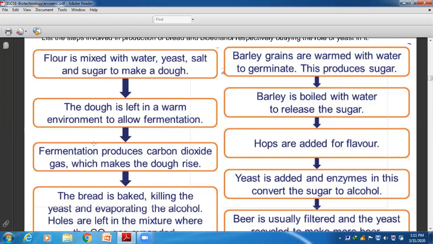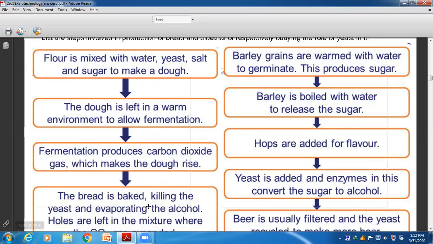Fermentation is anaerobic respiration, right? When I mix the dough with the yeast and water, water also plays an important role in the activation of enzymes. So the yeast will start fermentation and produce carbon dioxide plus ethanol. Carbon dioxide, when it evaporates, will make our bread soft and spongy, right?